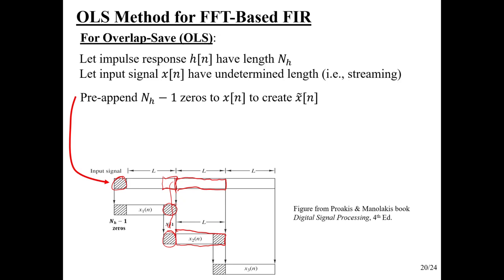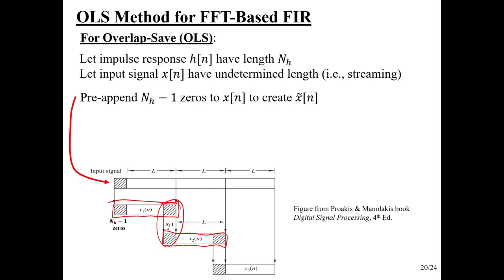Those are the previous signal samples. So it's not like we're really doing two different things. We're just doing the same thing. Every block consists of a new set of L samples and the previous NH-1 samples. And for the first block, those previous ones are zeros. So look, our input blocks are overlapped.